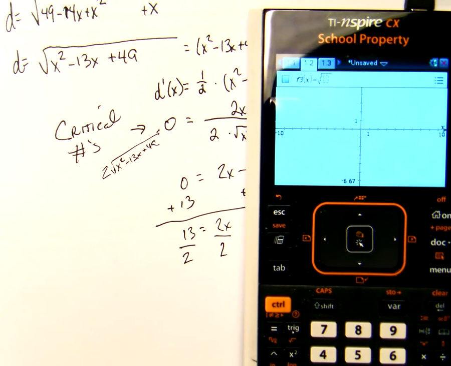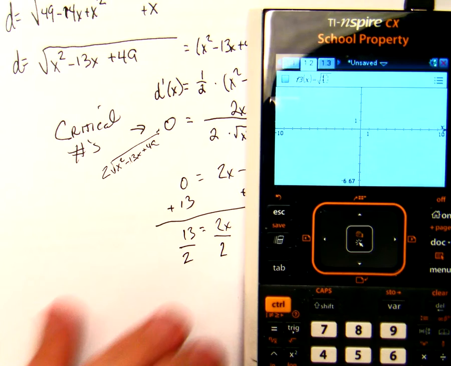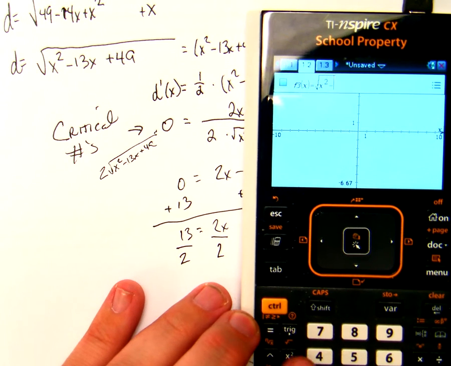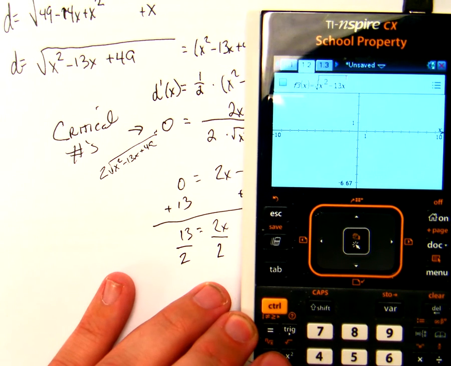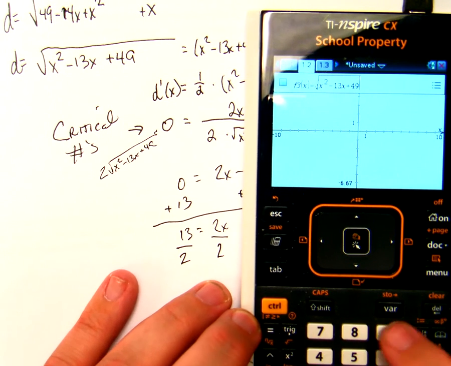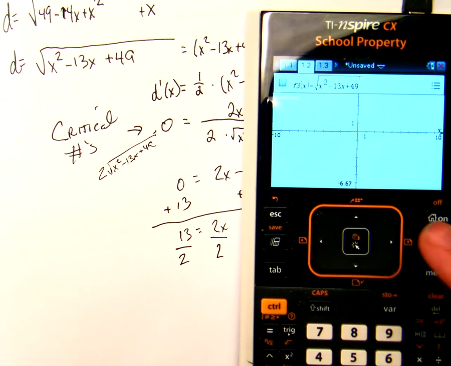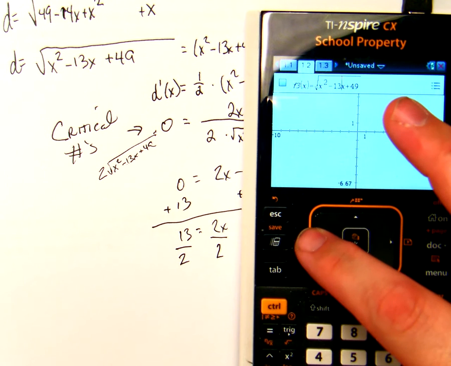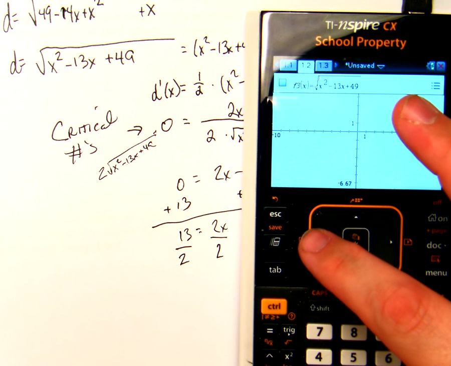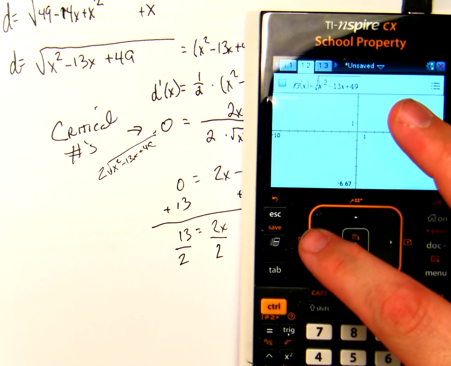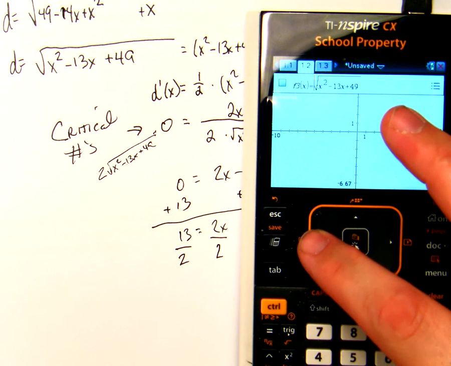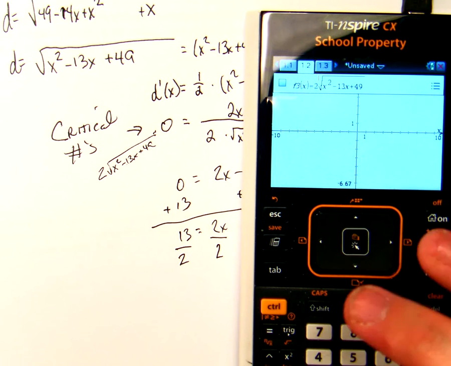So I'll get x squared minus 13x plus 49. Because the 2 is essentially inconsequential. But if I multiply it by 2, it shouldn't matter. And I'll go ahead and be complete.